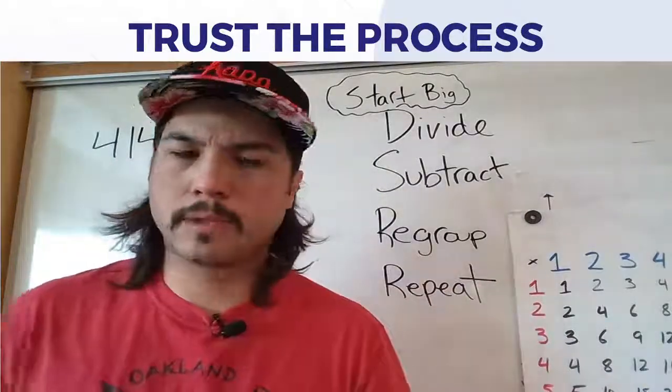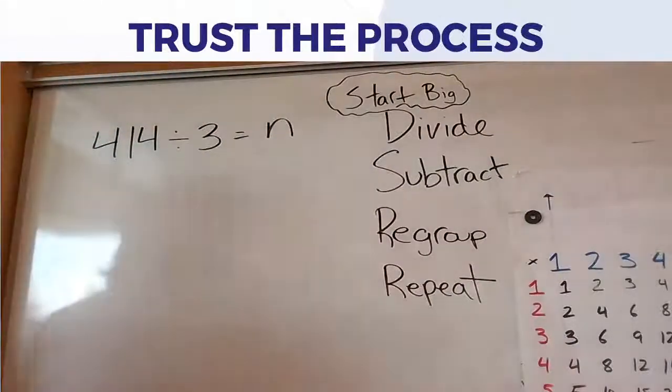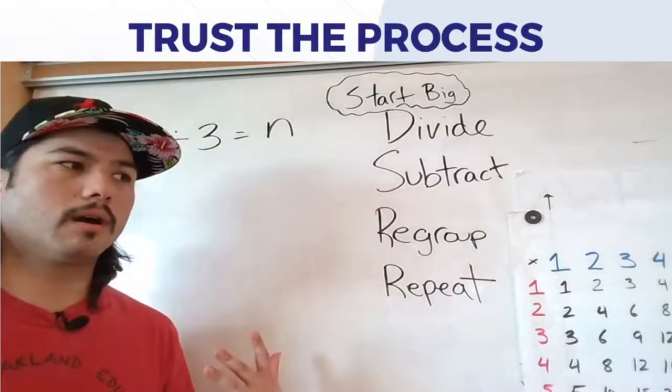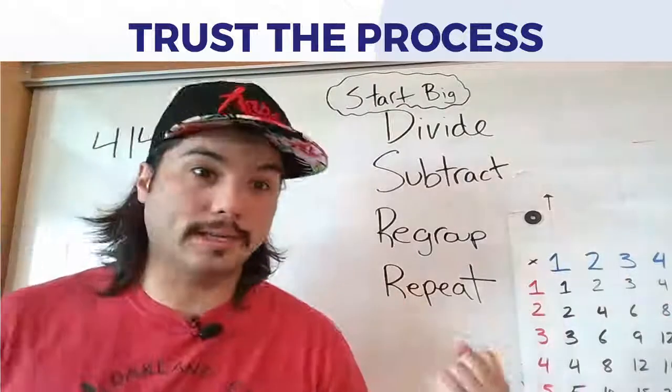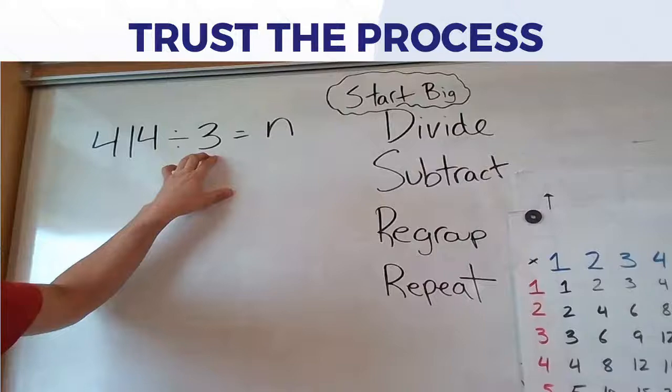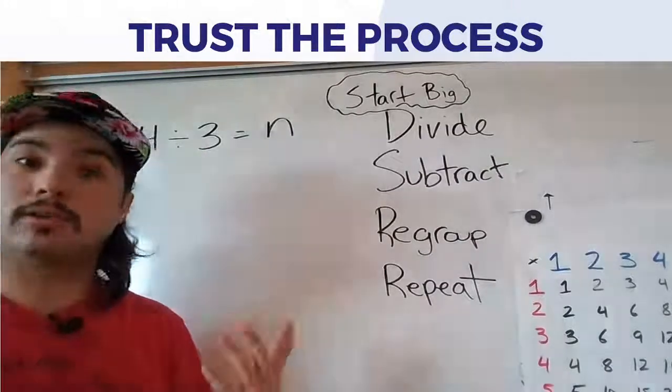We'll test it later. When we're talking about the standard algorithm for division, remember the idea is that we're taking a quantity, our dividend, and we're dividing it into some given value of equal groups.